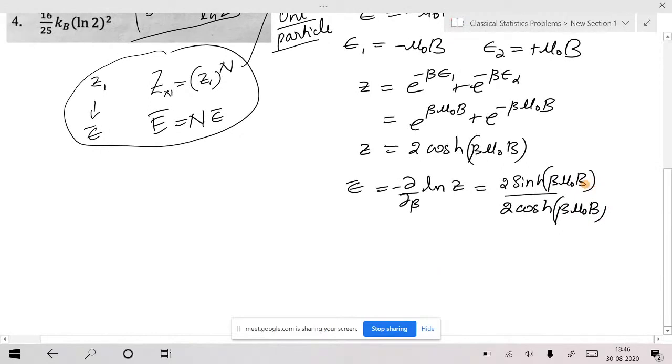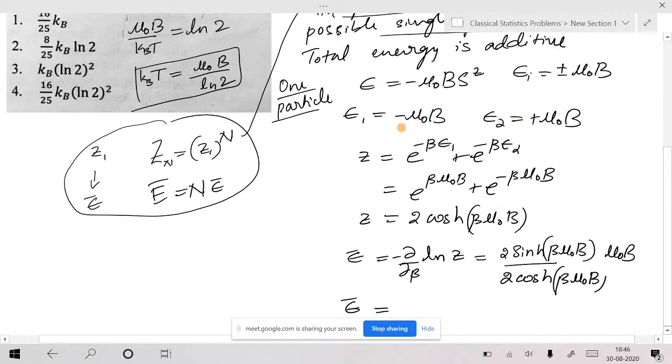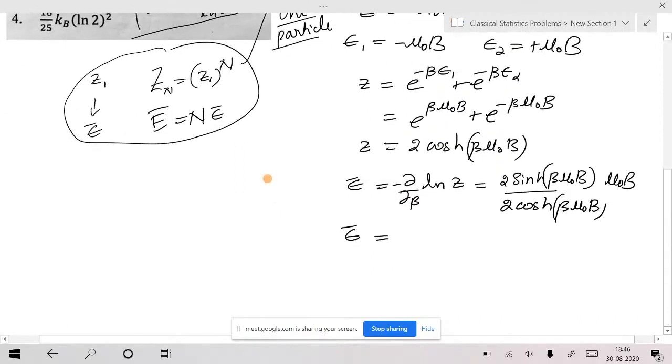Into the beta derivative, am I right? Mu naught into B, am I right? Average energy per particle, that is tanh, isn't it? This is spin half particles. We have seen this kind of thing in the problem of paramagnetism, but we haven't found specific heat over there. We found only magnetization, I think. Now we need to find specific heat.